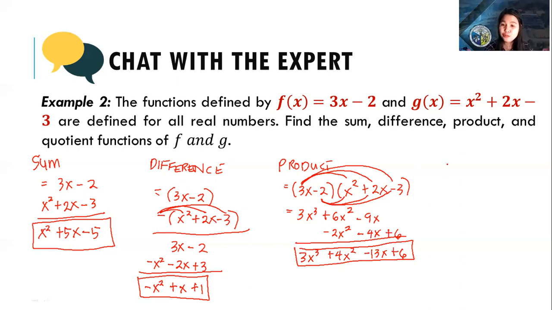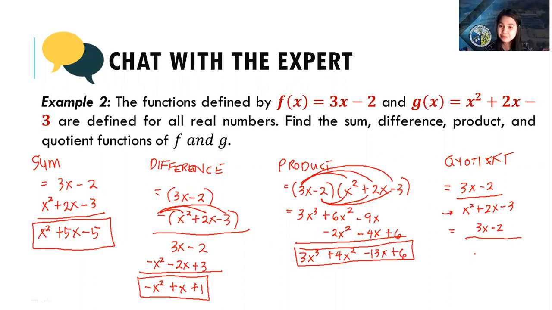Next, for our quotient function, we divide both. So we have 3x minus 2 over x squared plus 2x minus 3. Now, using your factoring in grade 8, you need to remember that the second one can be factored.